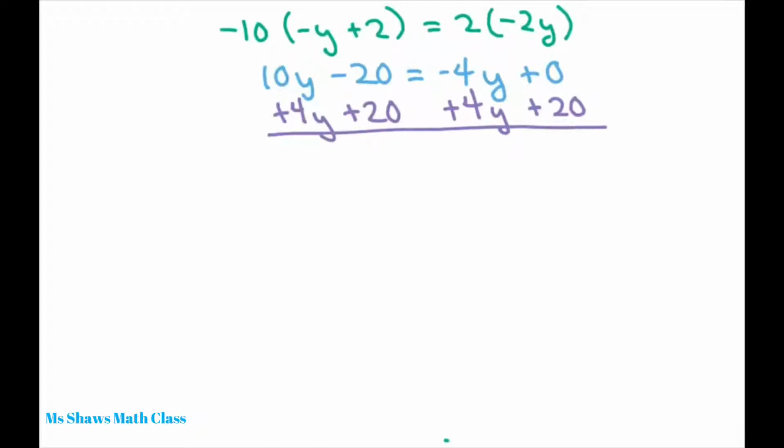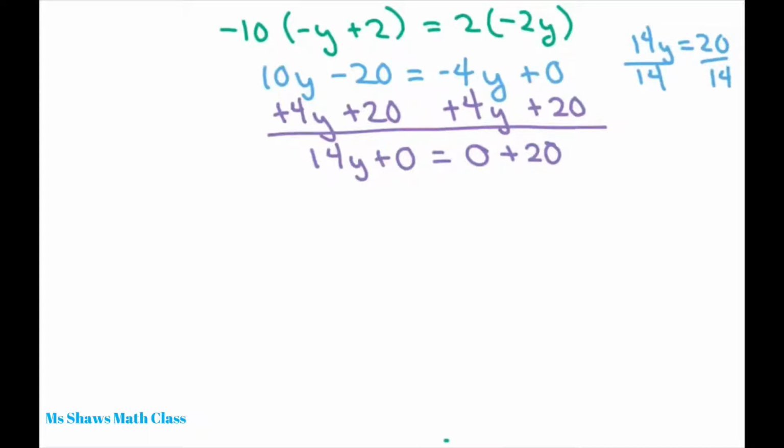All right, that's going to give you 14y plus 0 equals 0 plus 20. So we get 14y equals 20. Use your division property. Divide both sides by 14. You get y equals 20 divided by 14.